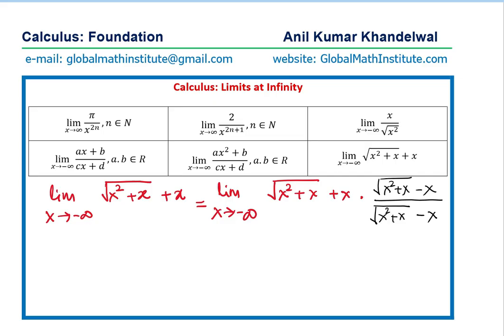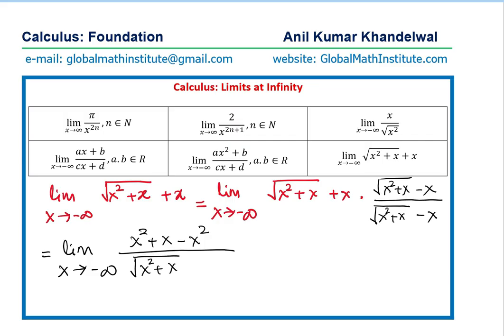So now let's rewrite this as limit x approaches minus infinity. The numerator, a plus b times a minus b, becomes a squared minus b squared. So what we get here is x squared plus x minus x squared, over the term square root of x squared plus x minus x.